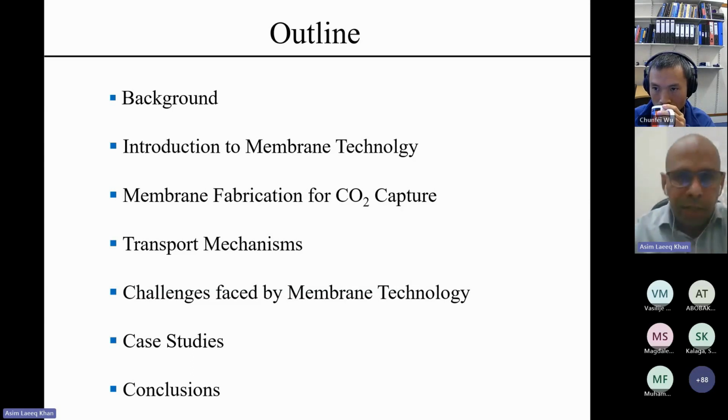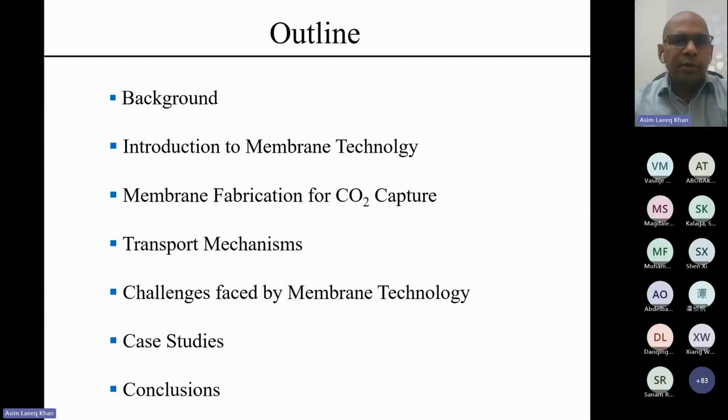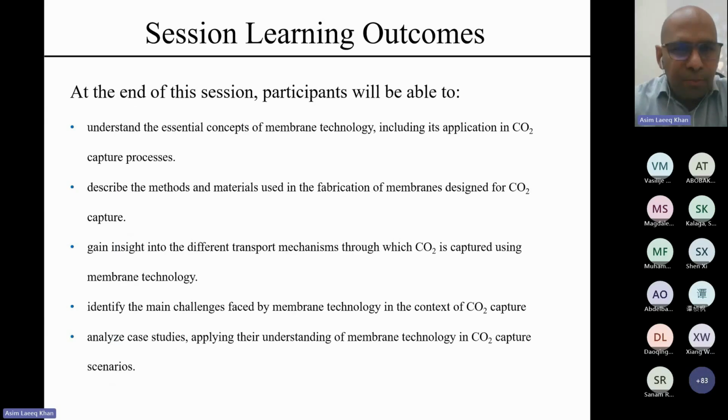My conclusions will be more about future directions and some comments on how we foresee membrane technologies in the years to come. Since it is a training session, I have put in session learning outcomes. After this session, I expect participants will be able to understand the concept of membrane technology, specifically for CO2 capture, and know the fabrication techniques for CO2 capture.